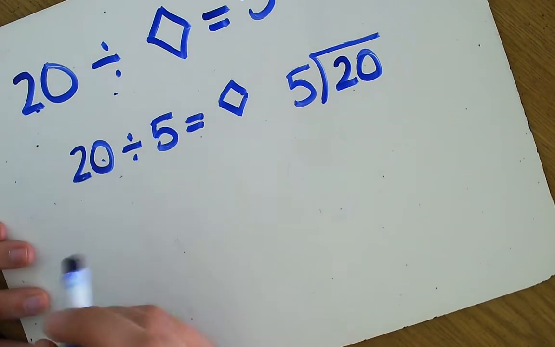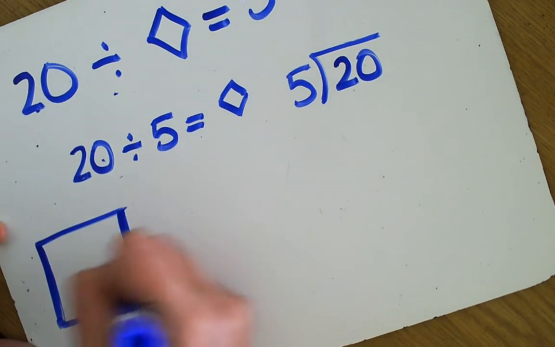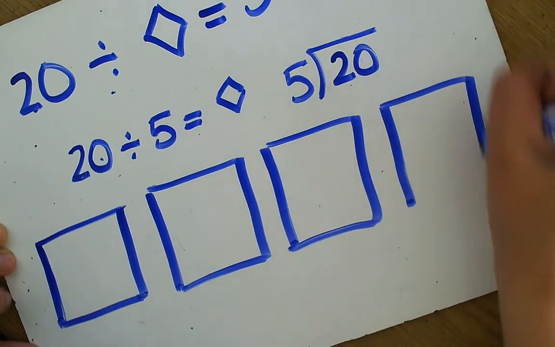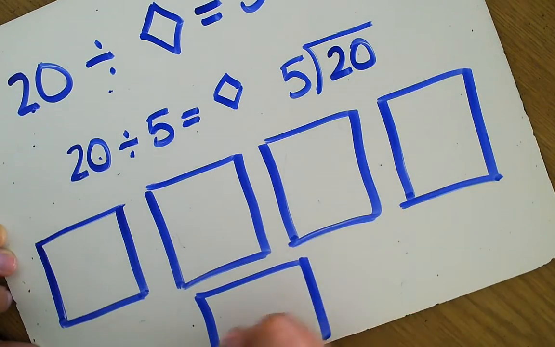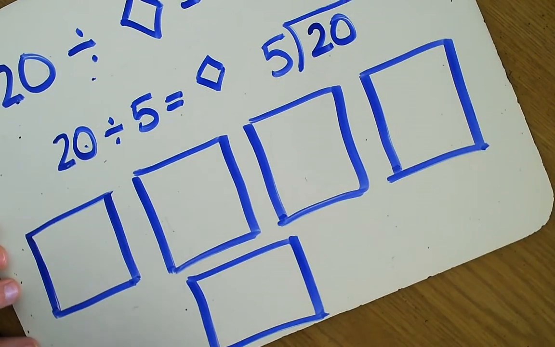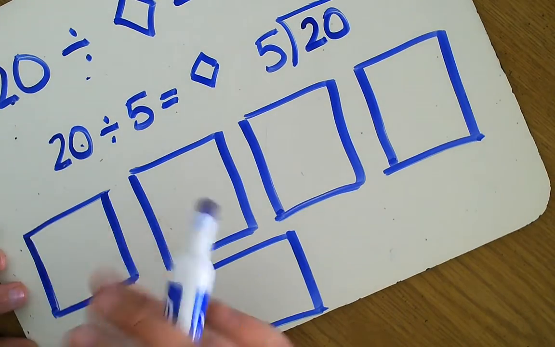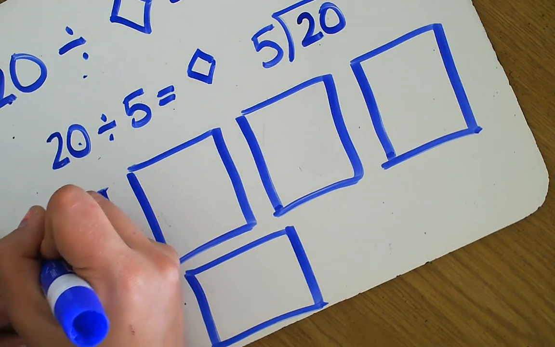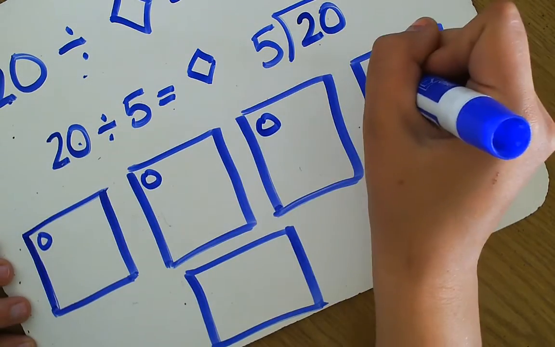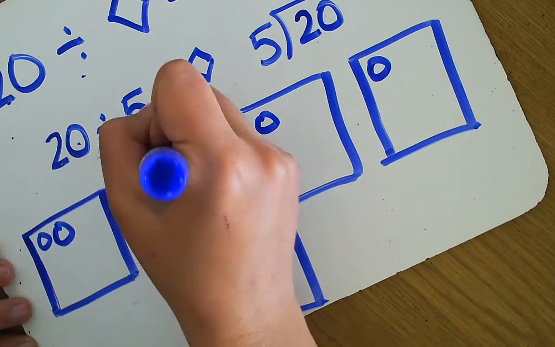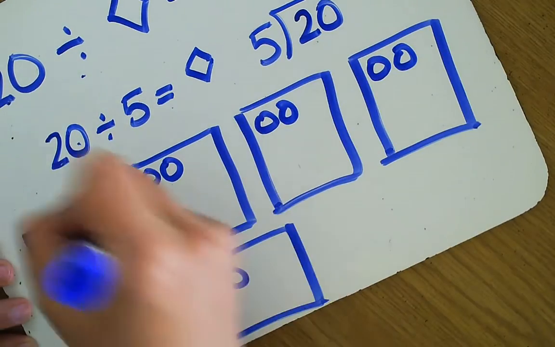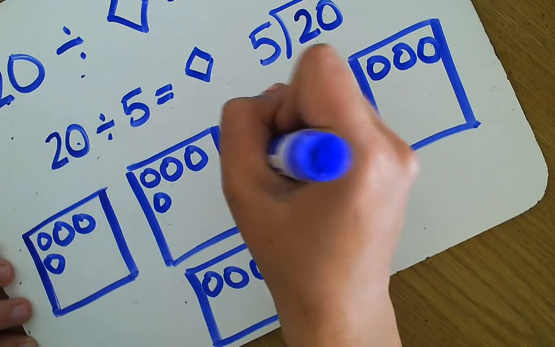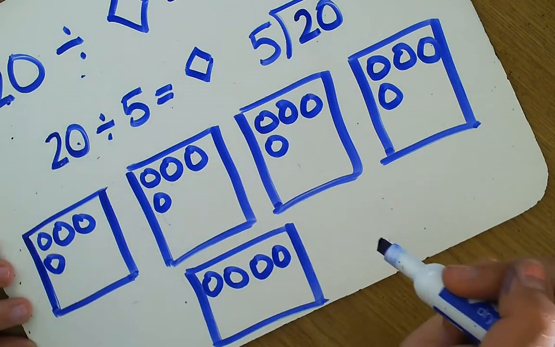So I know I need to divide it into 5 groups, so I'm going to make these 5 big groups here. And then I need to split up my 20 counters into those 5 groups. I need to do it evenly in those 5 groups, because that's what division means, equal groups. So 1, 2, 3, 4, 5, 6, 7, 8, 9, 10, 11, 12, 13, 14, 15, 16, 17, 18, 19, 20.